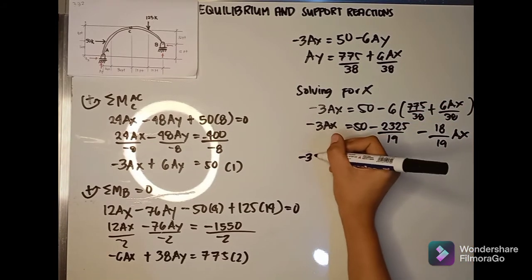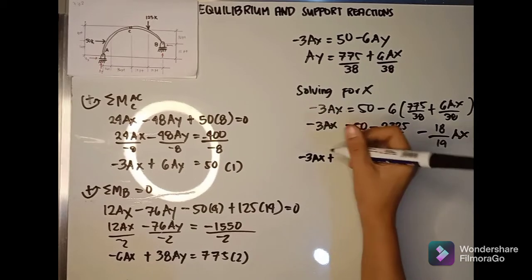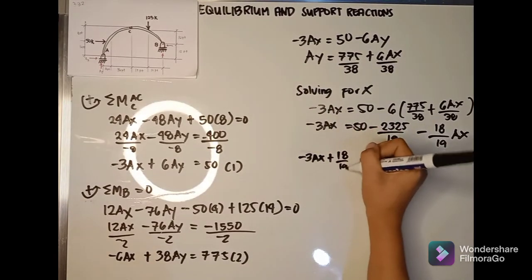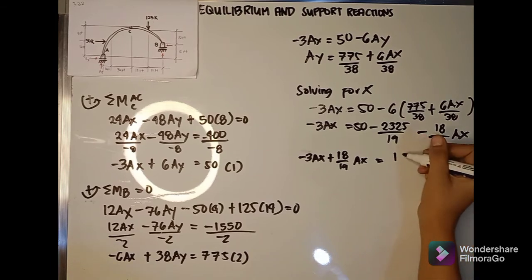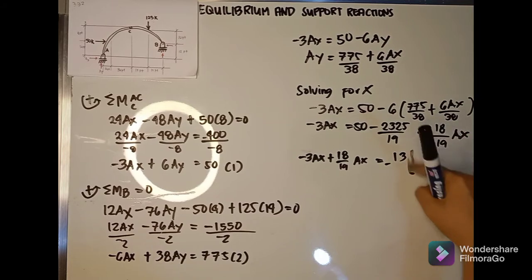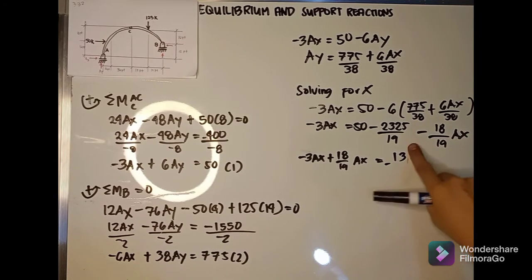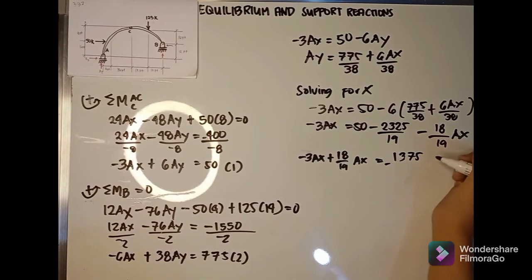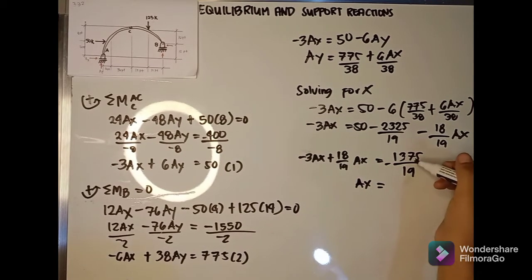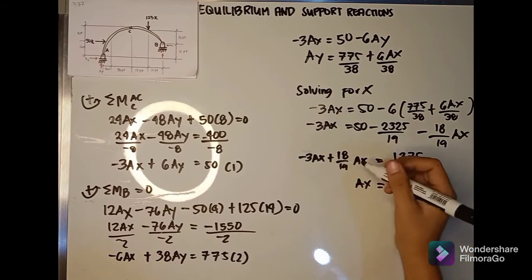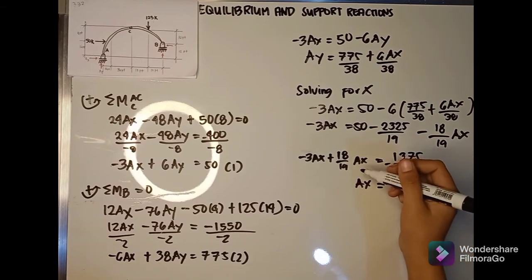So, negative 3AX plus 18 over 19AX is equals to negative 1,375 over 19. Solving for AX is equals to 1,375 over 19 divided by negative 3 plus 18 over 19.